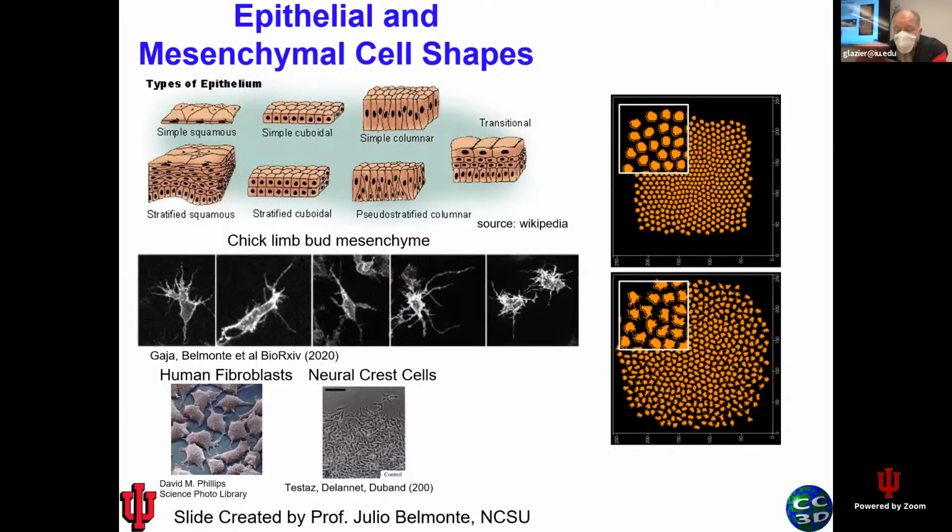Sometimes those layers lie neatly on top of each other. Sometimes they mix into what are called pseudostratified epithelia, where there isn't so clearly layer 1, layer 2, layer 3. Sometimes the cells in the different layers have similar shapes. Sometimes the cells become more elongated, called columnar in biology.